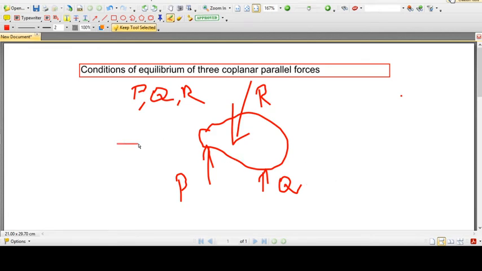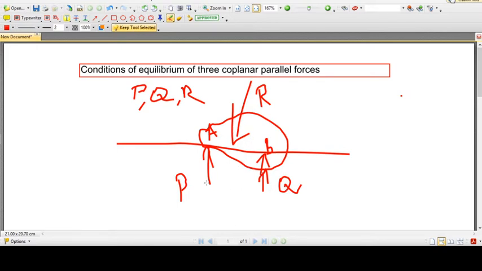Let us take the line of action of these three forces like this line. That is the force P acting at a point A, and the force Q acting at the point B. Then what is the resultant of P and Q?